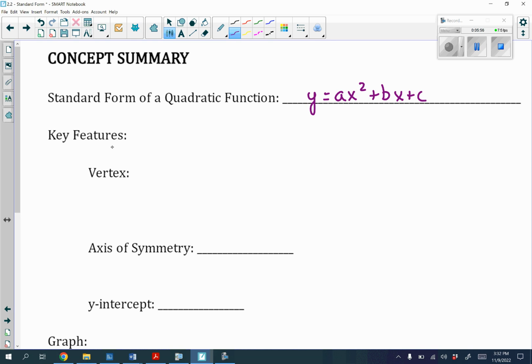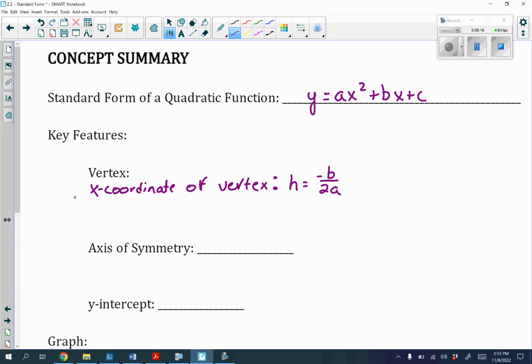Now let's talk about key features. So first is the vertex. So remember to find the x coordinate of the vertex, that's where we do h equals opposite of b over 2a.